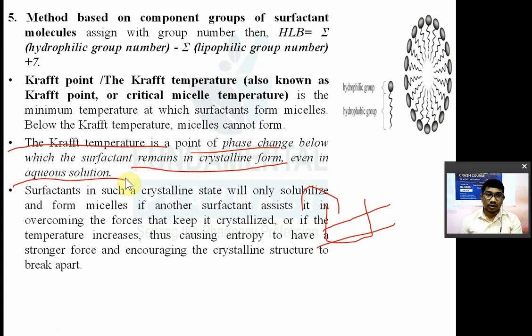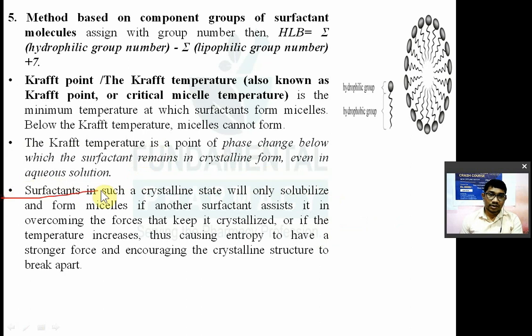This question has already come. Surfactants in such a crystalline state will only solubilize and form a micelle if another surfactant assists in overcoming the process that keeps it crystallized.